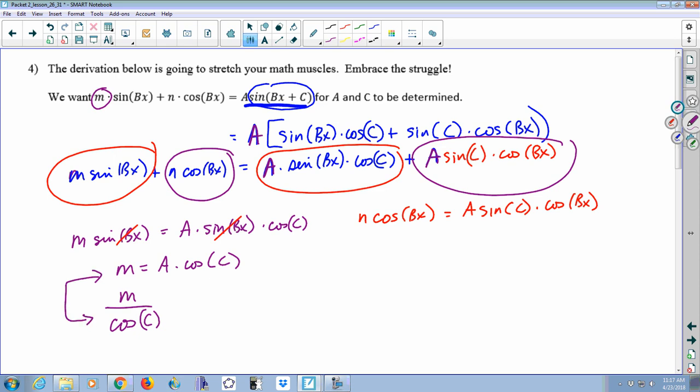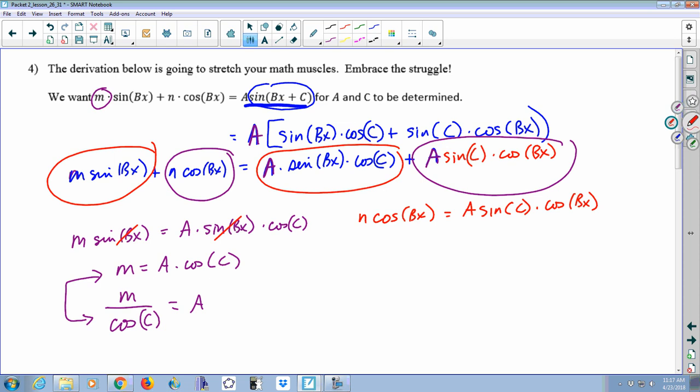We've got an equation solved for m, which is going to come in handy because we need to figure out what m is. And we've got an equation solved for A, which is going to come in handy because we need to figure out what A is. So we're going to use both of these equations.